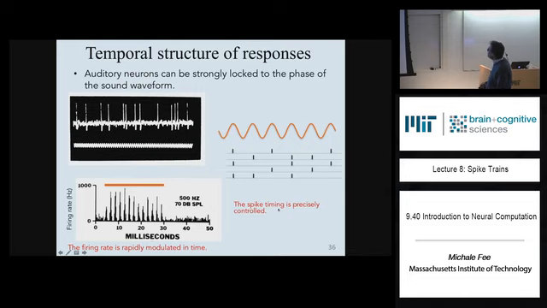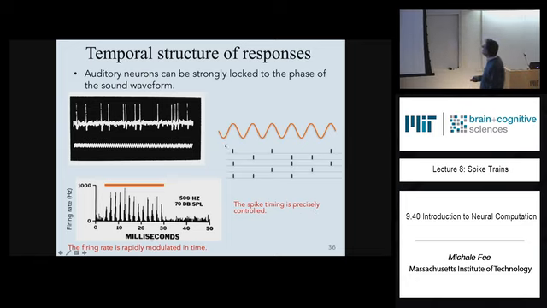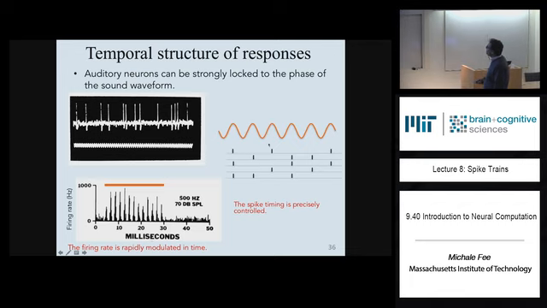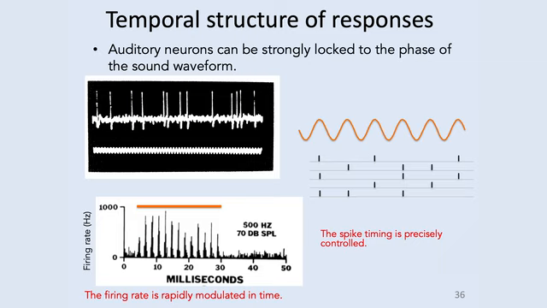The neurons are firing at a particular time. So this corresponds to a case in which we would say that the spike timing is precisely controlled by the stimulus. It's in many ways more natural here to think about spike times as being controlled rather than spike firing rate being modulated.